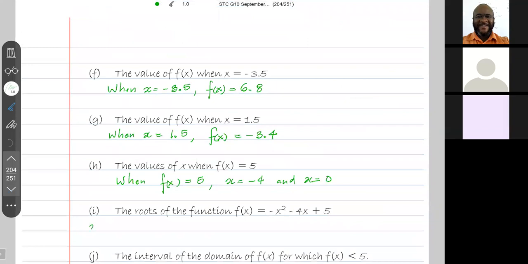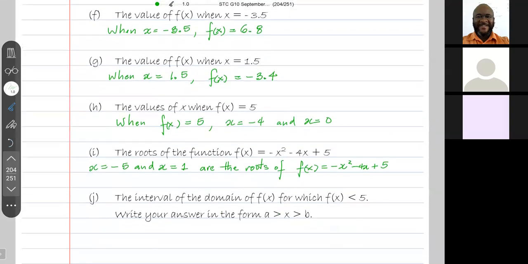So x is equal to minus 5 and x is equal to 1 are the roots of f of x, which is equal to minus x squared minus 4x plus 5. Stay with me. Last question.